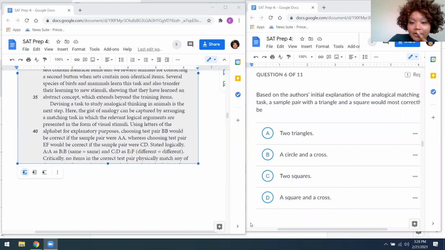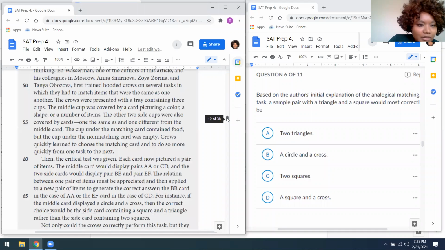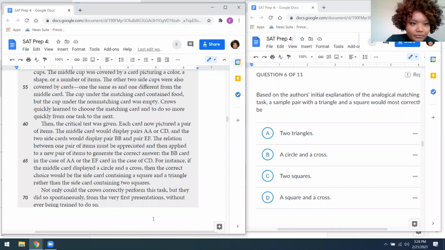So perfect answer, thank you. We have another point too, I think 65. The relation between one pair of items must be appreciated and then applied to a new pair of items to generate the correct answer.